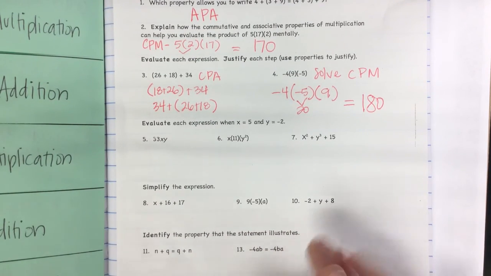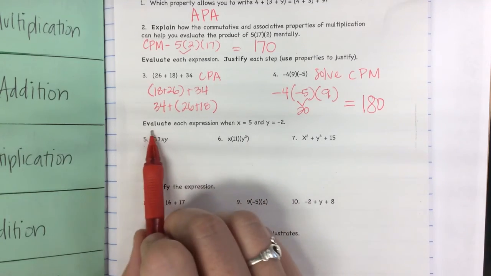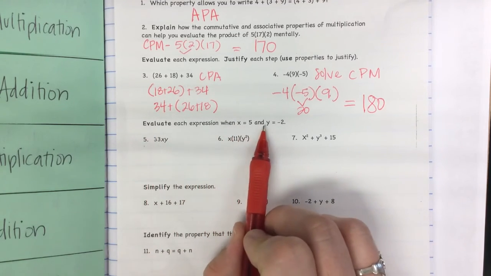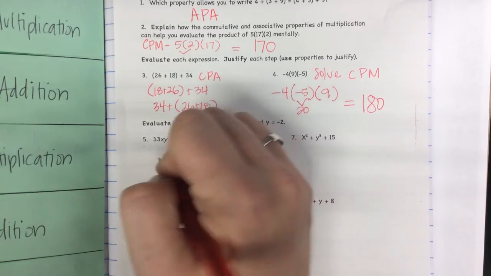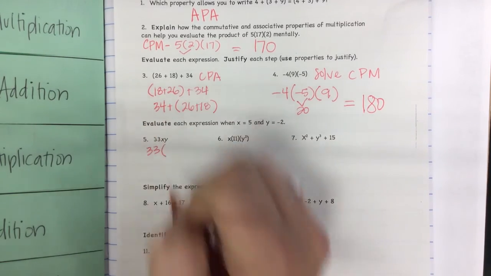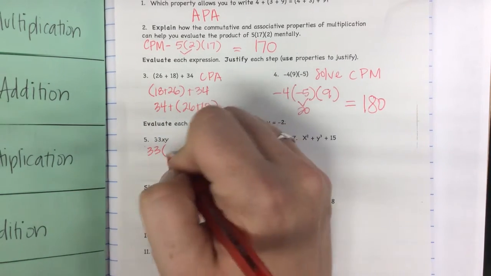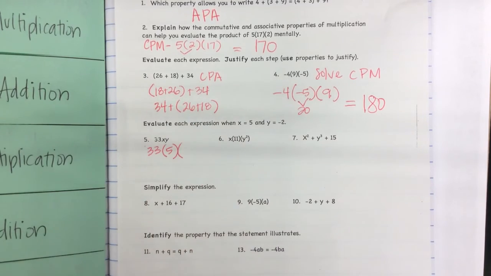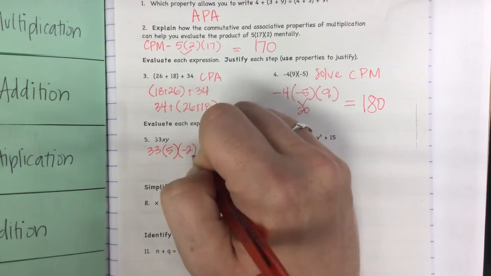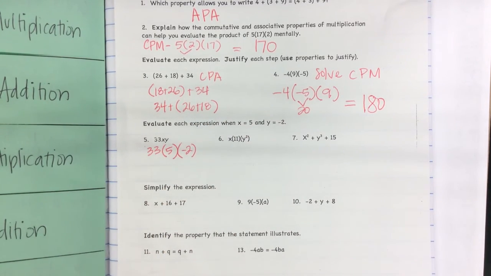Let's keep going. Number 5, evaluate the expression if x is 5 and y is negative 2. So 33 times what? 5 times what? What should you do first? Without a calculator, Nicholas, what are you going to do first?